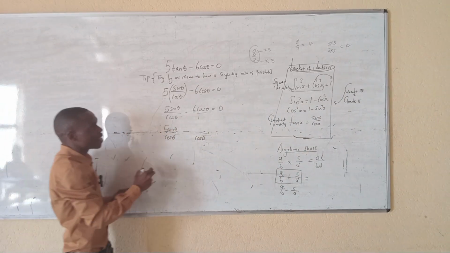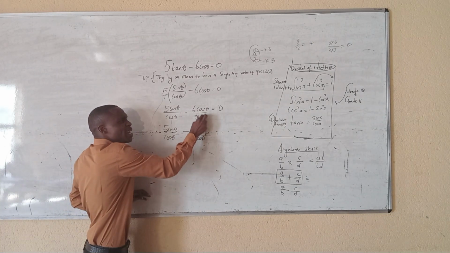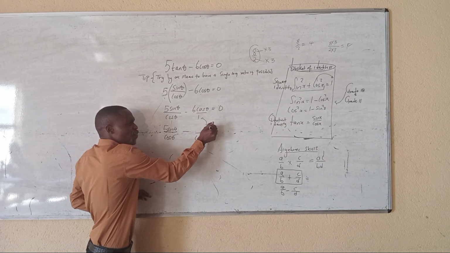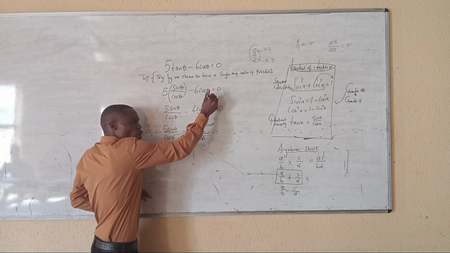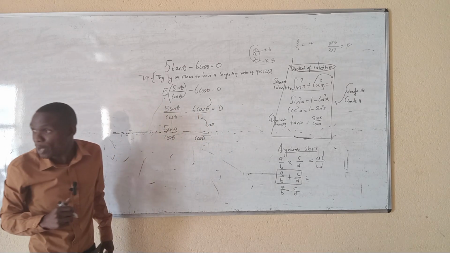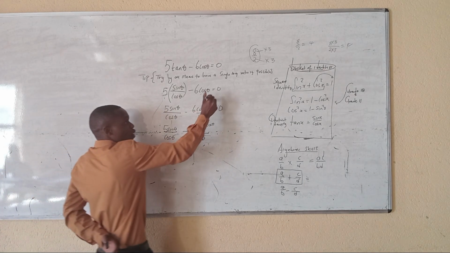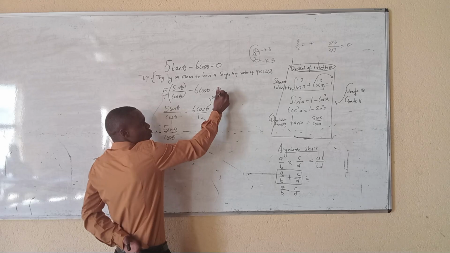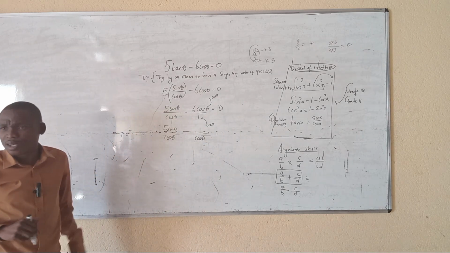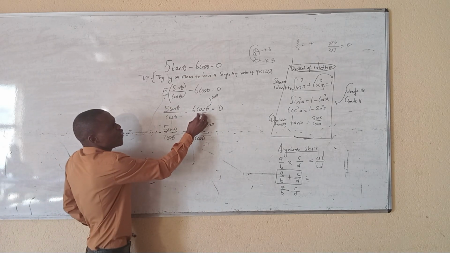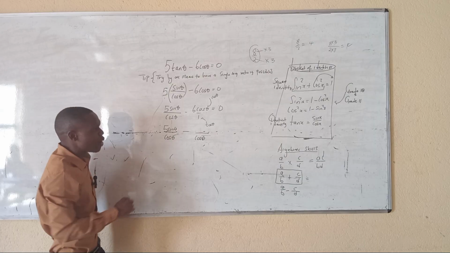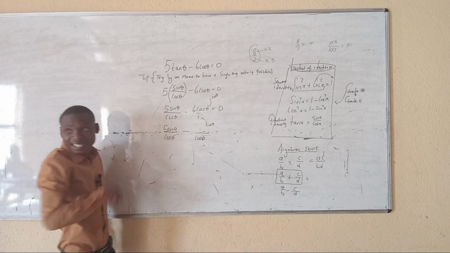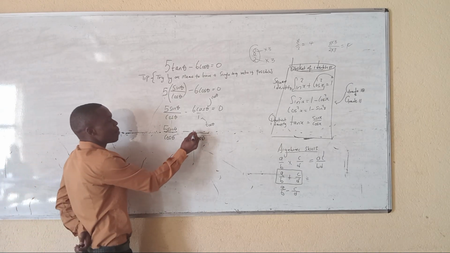I'm multiplying the denominator by cos theta, and also the numerator by cos theta. Why am I doing this? Because I want cos theta on the denominator. I want the denominator to be the same.